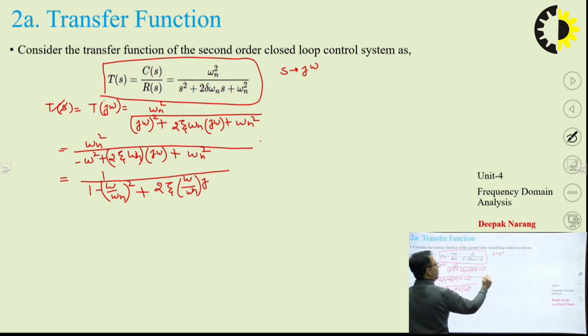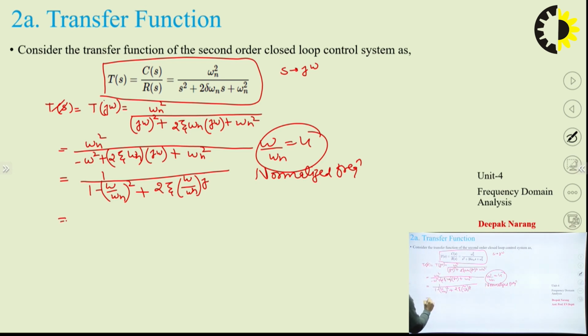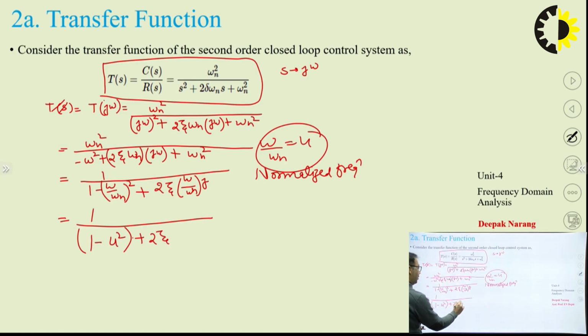Replacing omega by omega n equal to u, which is our normalized frequency, this is equal to 1 upon 1 minus u square plus 2 zeta u j. So we converted our transfer function, which was given in time domain, into frequency domain by replacing s with j omega.